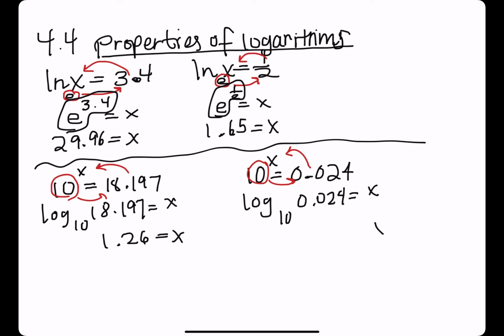This can go directly in the calculator because it's base 10. Turning x into something that's a decimal or a fraction would be a negative exponent, 1.62. So those are basic, just showing you the conversion.